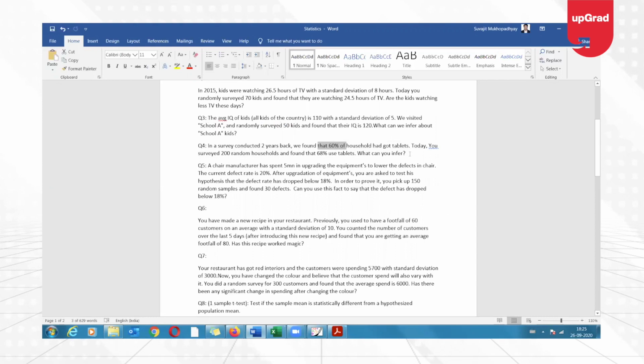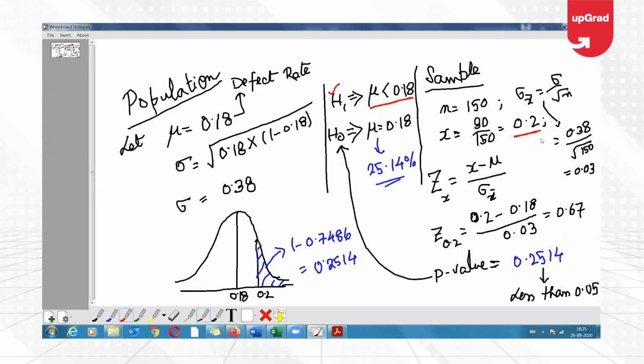And if I put an alternate hypothesis that mu is greater than 60%, I'll be fine, right? But in this case, I clearly see that this is 0.2, but I formed a hypothesis that it is less than 0.18, which is difficult to be true in any case.